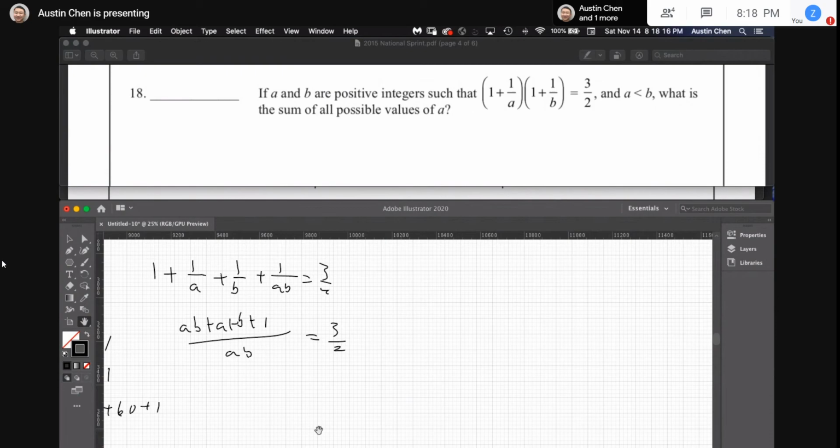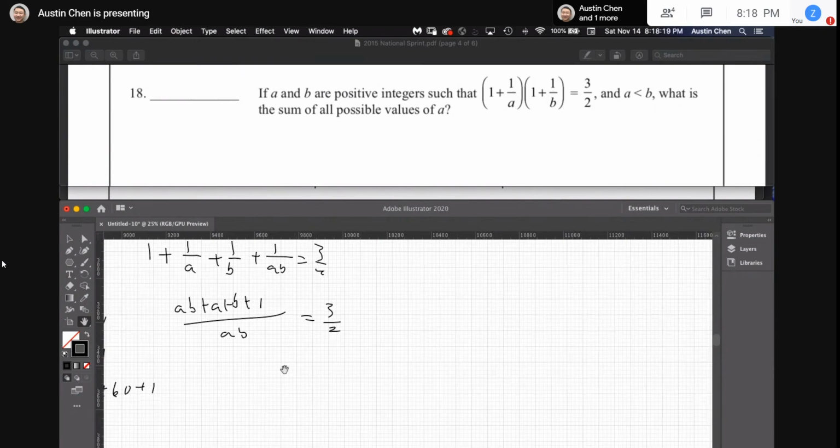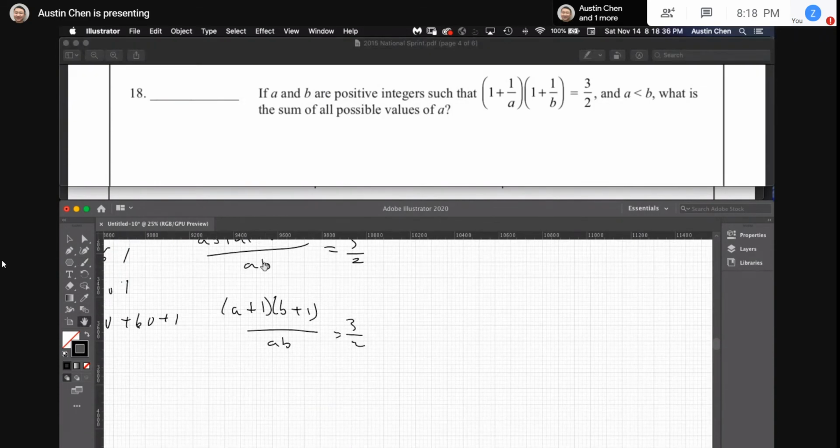Now, one way you could do it is you can factor this top into A plus 1 times B plus 1 over AB equals 3 halves. And then you utilize that A and B are positive integers.